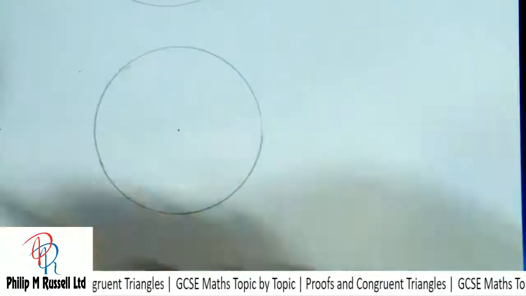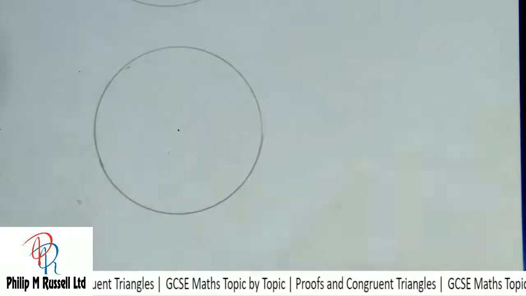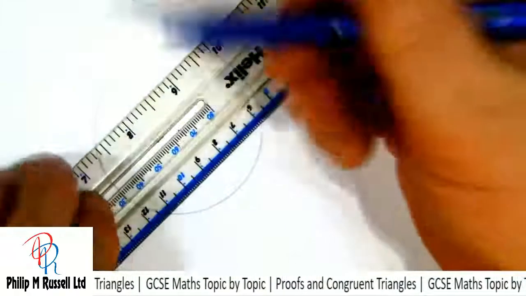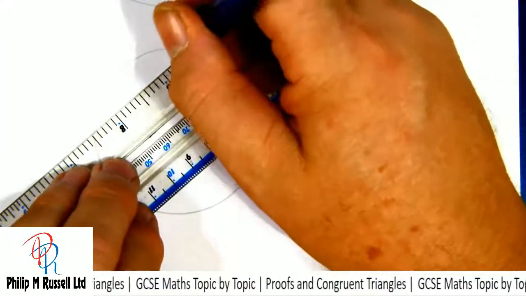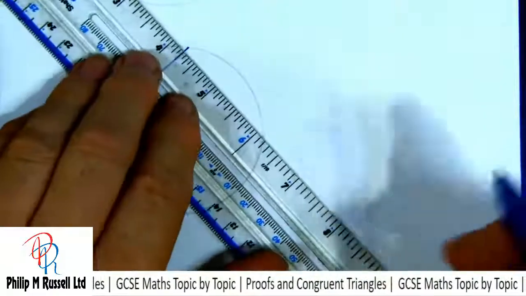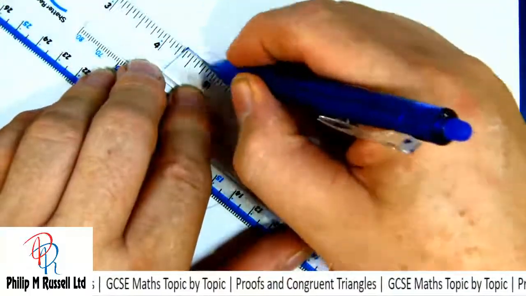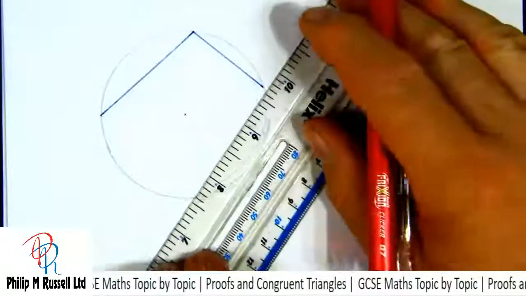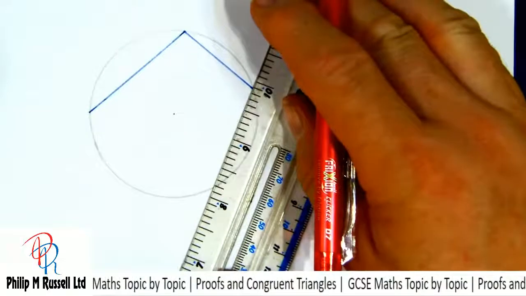Right, now I'm going to have a cyclic quadrilateral. So let's draw in my cyclic quadrilateral. And for reasons best known to myself, I'm going to draw it in different colours.